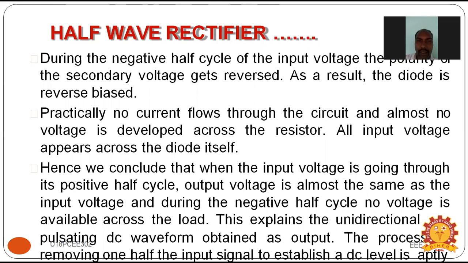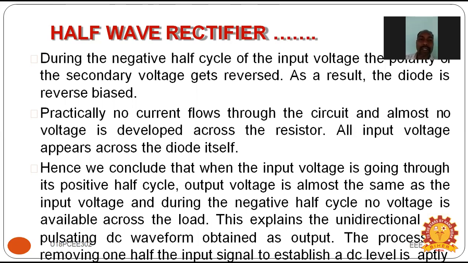During the negative half cycle of the input voltage, the polarity of the secondary voltage is reversed. As a result, the diode is in reverse bias. So practically no current flows through the circuit, and almost no voltage is developed across the resistor.